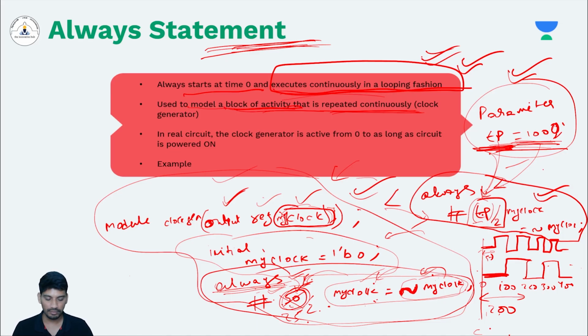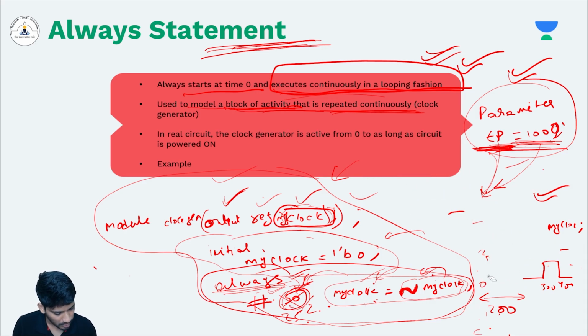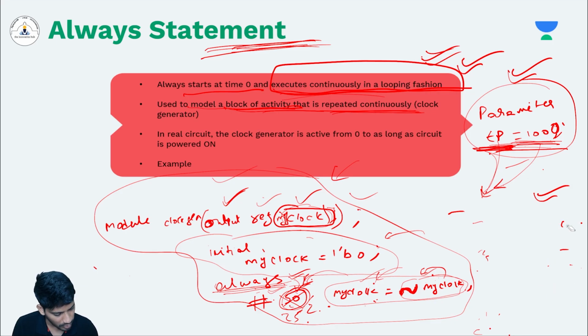Now there is one more important thing I want to show here. You are using two different statements, both initial and always, to generate a clock. Why can't we do it with a single always block?